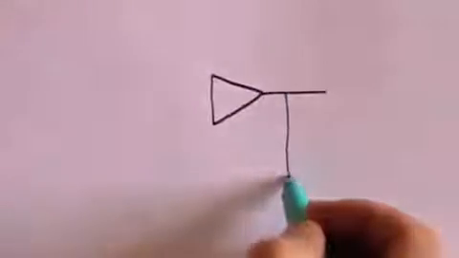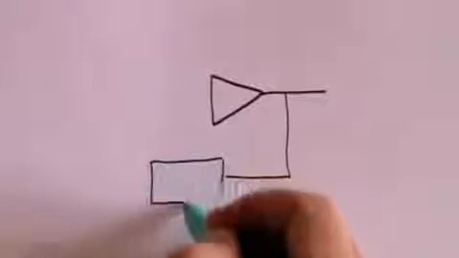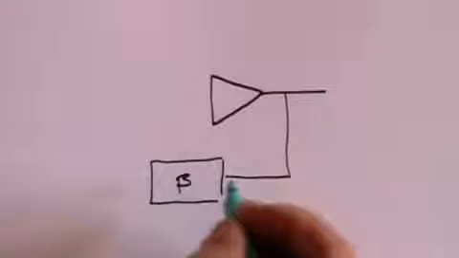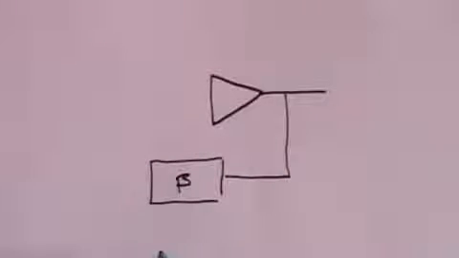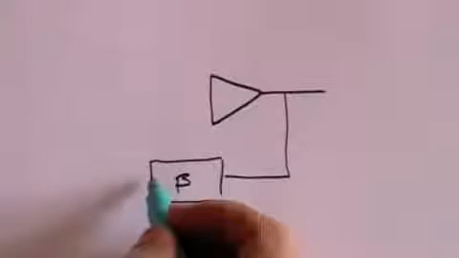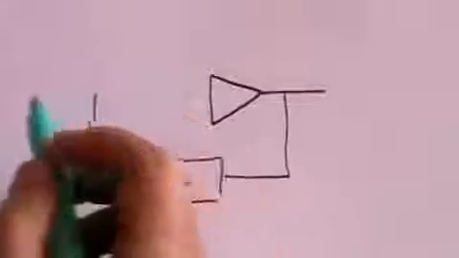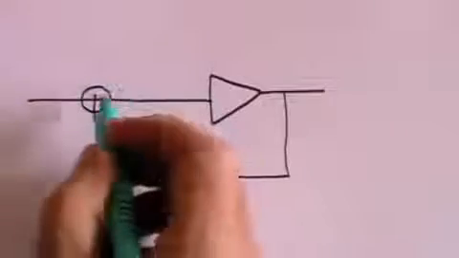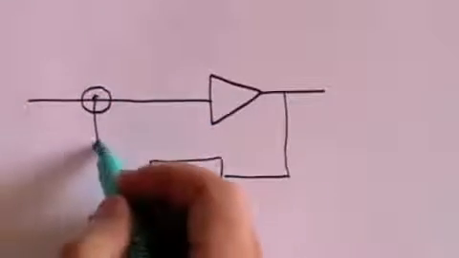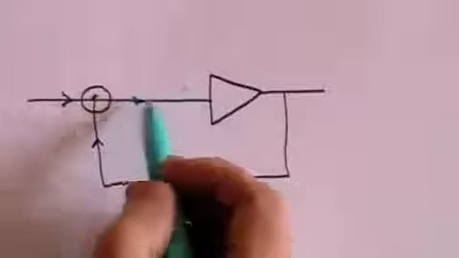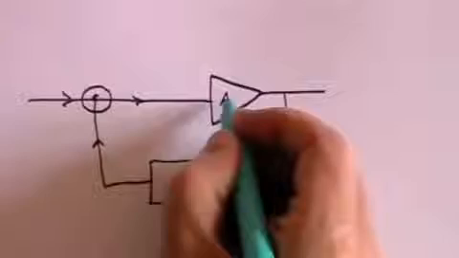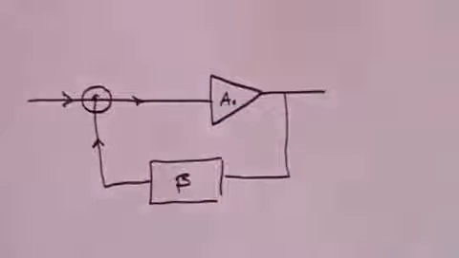So you have some mechanism for taking the output from the operational amplifier and feeding back a fraction. That fraction is beta, where the fraction is going to be a half or a third or whatever it may be. And you feed that back to the input. There's some device which adds this and feeds it back into the input of the operational amplifier, which has a gain, you'll remember, A0.